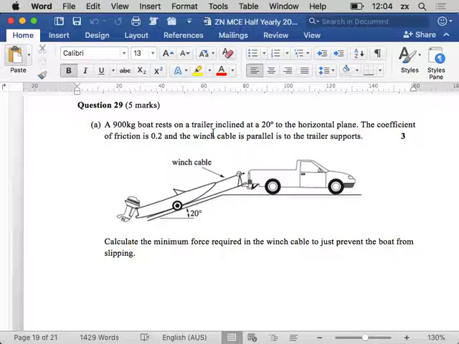If we look at this side here, it's adjacent. Adjacent is cos. So I've got mg cos. This angle up here is mg sine theta.